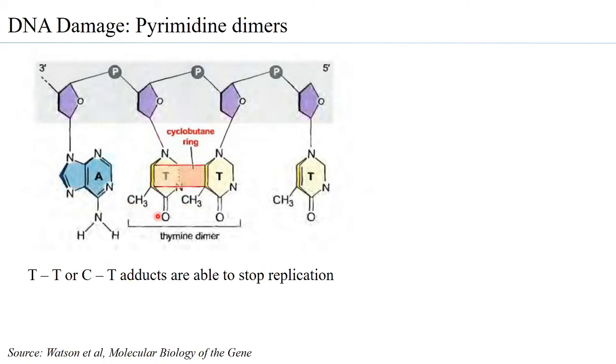What has been generally observed is that when the DNA polymerase is synthesizing the new daughter DNA, say for example, it has recognized A and it will introduce a T to complementarily bind to A. When it comes to a thymidine dimer, DNA polymerase 3 or polymerase 1 is not able to understand what it has to add because this structure or this conformation does not conform to any of the nucleotides.